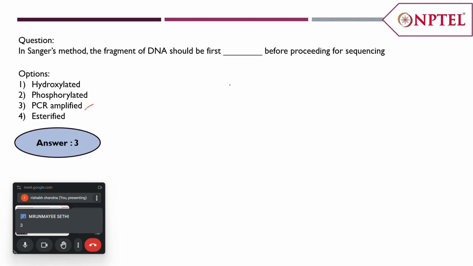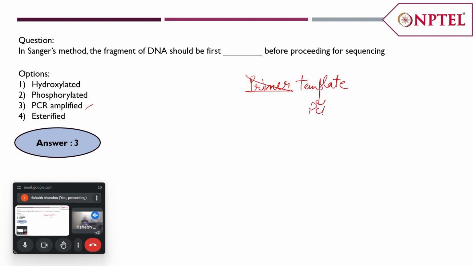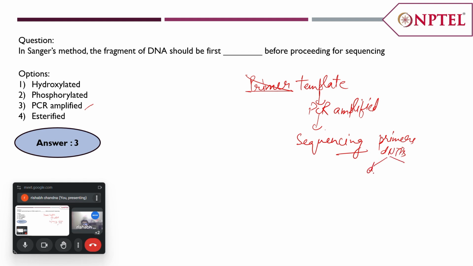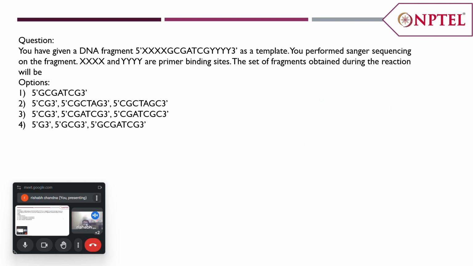As you have seen in the previous slides, the template we have needs to be PCR amplified, and then it is subjected to the sequencing using various primers and dNTPs. Then they are separated into different columns with ddNTPs. Okay, let's move on to the next question.